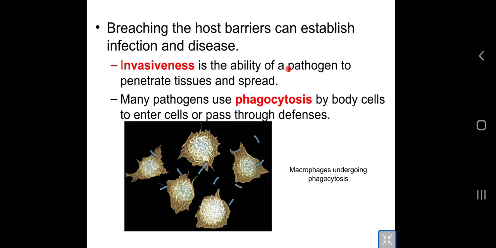Invasiveness is the ability of a pathogen to penetrate tissue and spread in the body system. Many pathogens use phagocytosis. When we say phagocytosis, macrophages come together. We are going to touch on this in detail with the innate and then acquired immune system, but I will touch on some. Phagocytes are white blood cells that consume or eat certain bacteria.